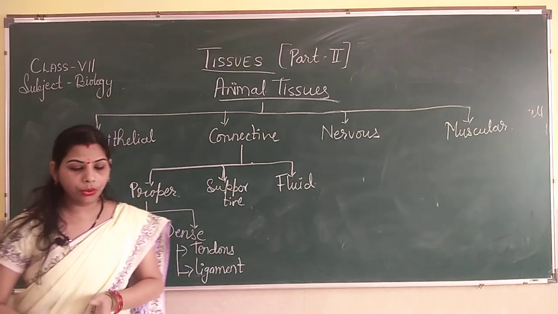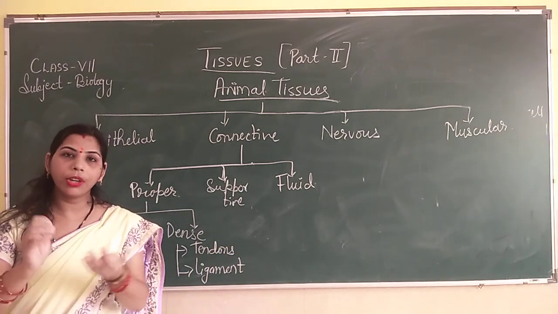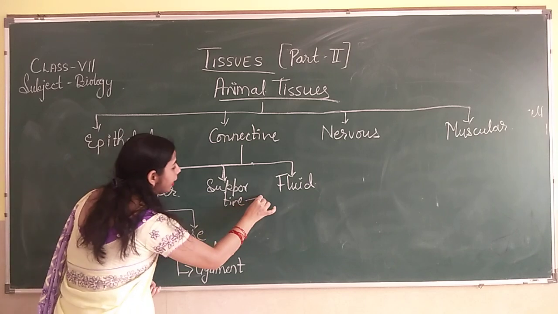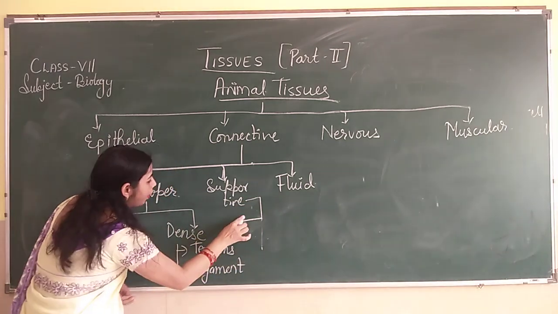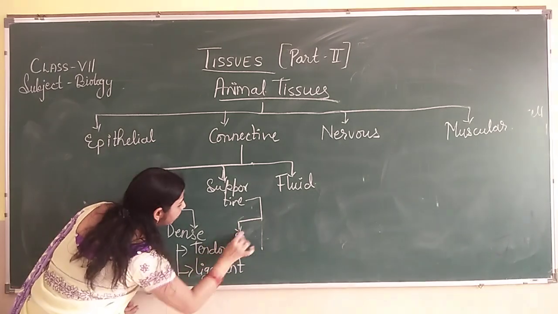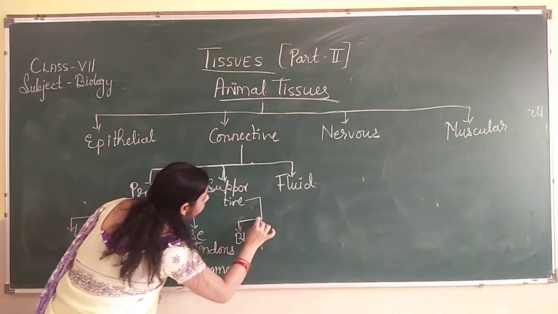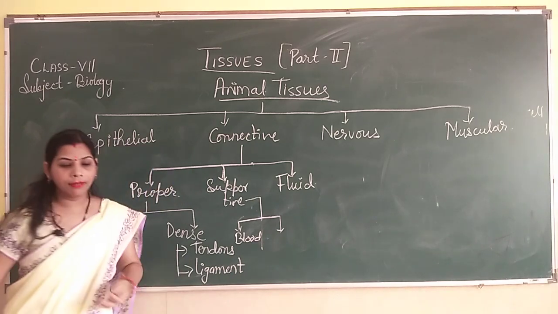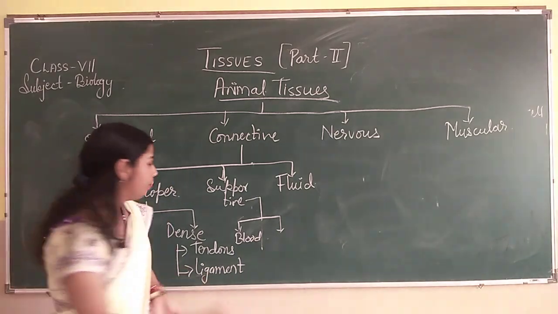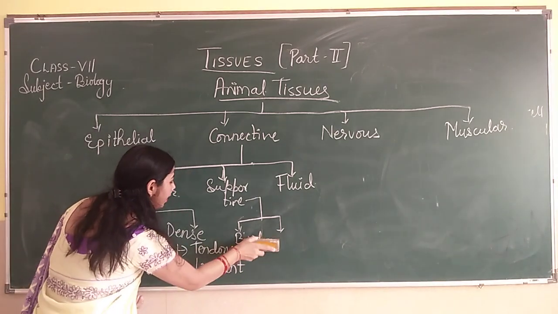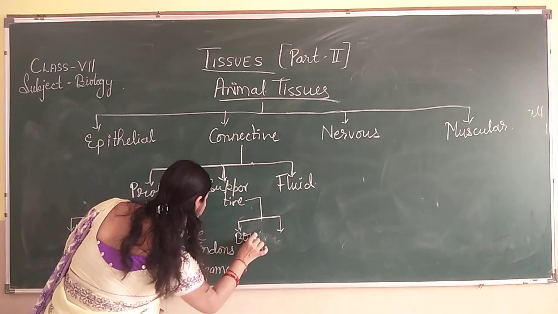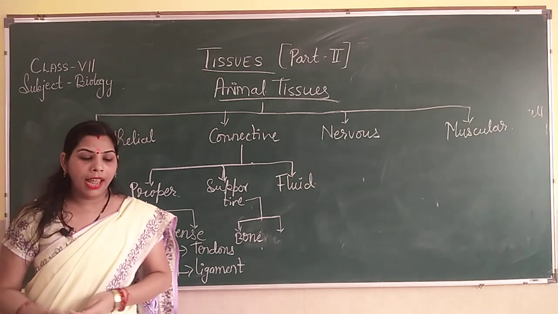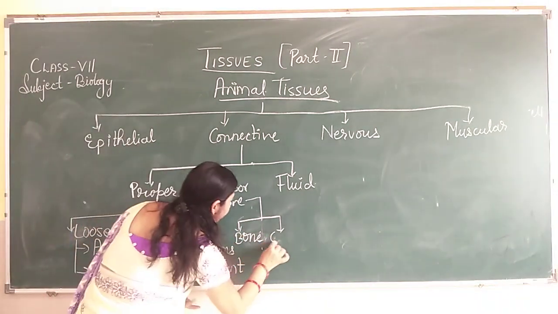Supportive connective tissue, that means the tissue which supports our body, is of two types. First is the bone and second is the cartilage.